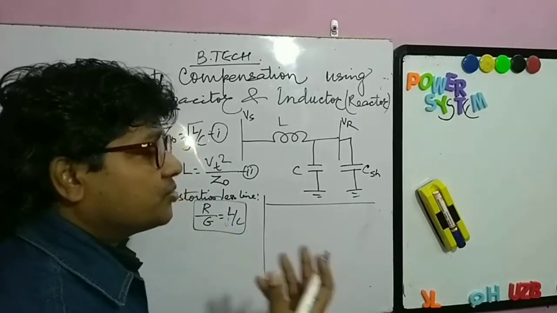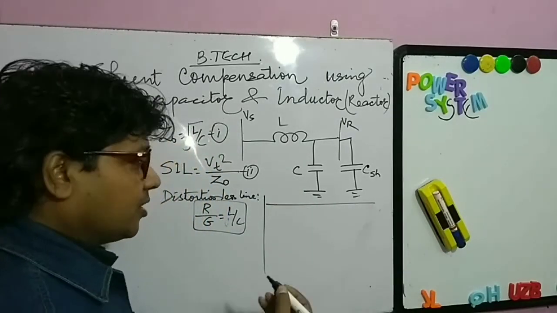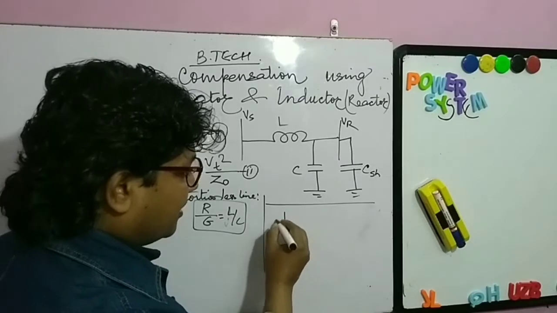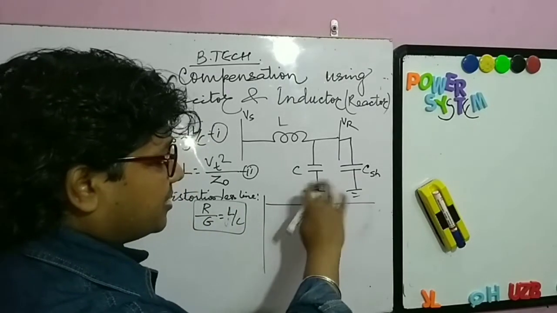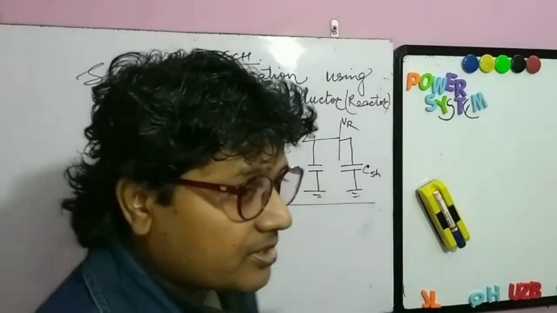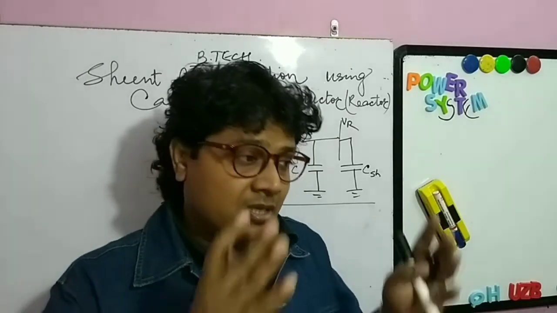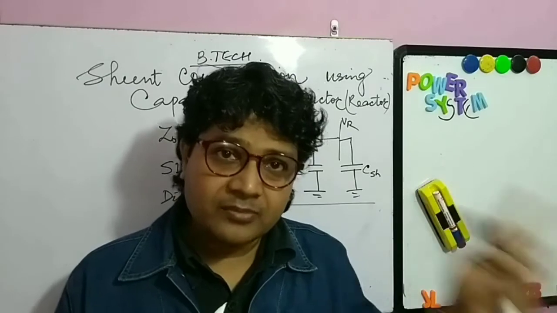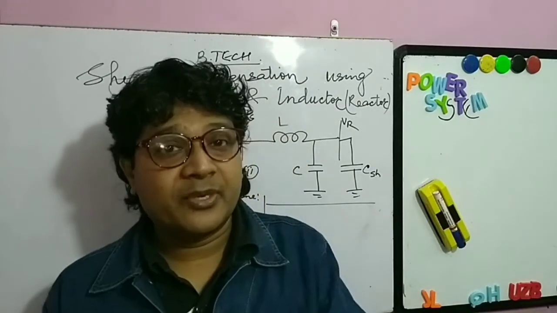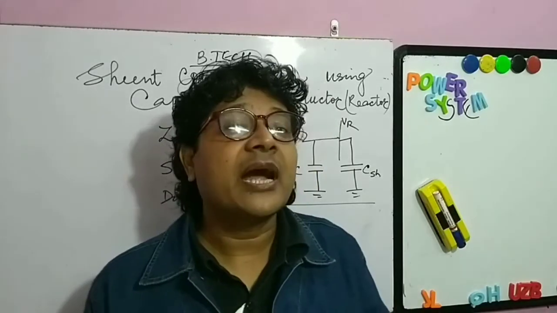What will be the total equivalent capacitance we are getting? We can write down Y, because this is connected in shunt, and our circuit theory suggests that if you have impedances in parallel, try to solve the circuit using admittance. So instead of impedance, we have to use admittance.